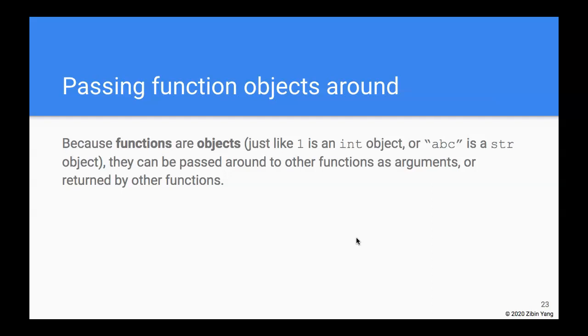As we've talked about in another video, functions are really just another type of object in Python, just like the number one is an int object, or the string ABC is just a string object. Just like these data objects can be passed around to other functions, functions themselves being objects can also be passed to other functions as arguments, and even returned as results by other functions.